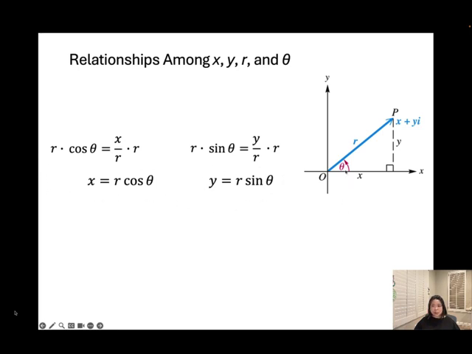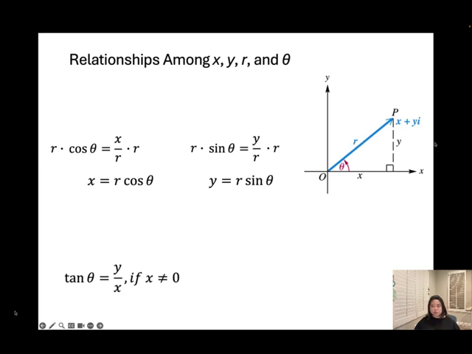Then I have another one, tangent theta. Tangent theta is equal to opposite over adjacent, so y over x, given that x cannot be equal to 0. How can you link r, x, and y?